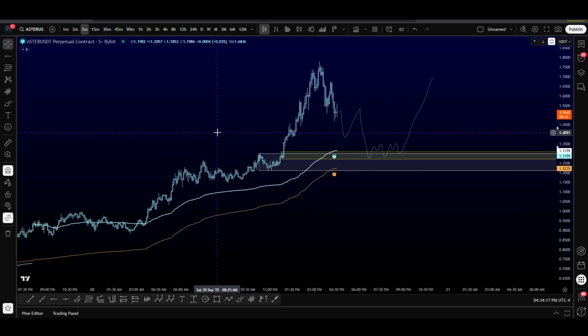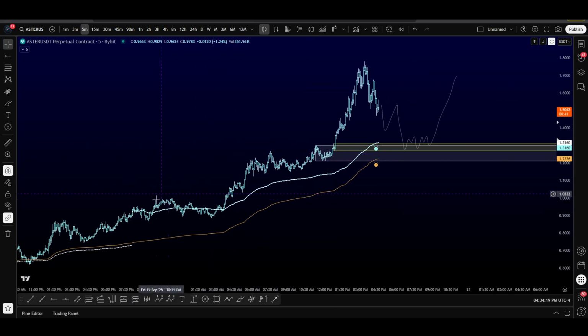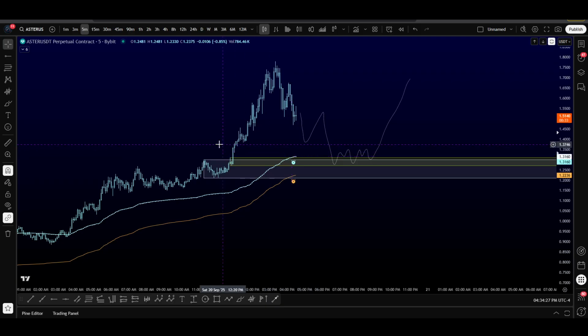Taking a look at Aster, you can see it's been nothing but higher highs, higher lows, higher highs, higher lows, consolidation, impulse higher, right? The reason I have these two boxes here is that these are the two most important demand zones. A demand zone is just an area where a low was created right before an impulse was made to make a new high.